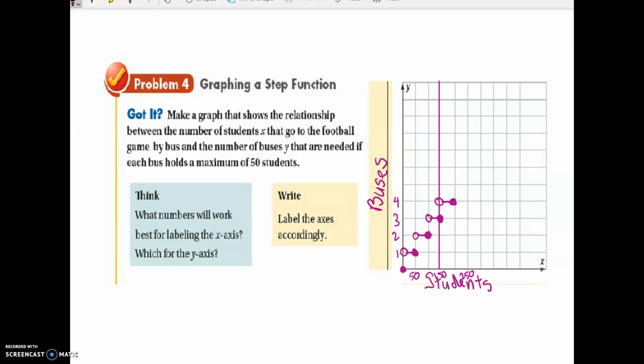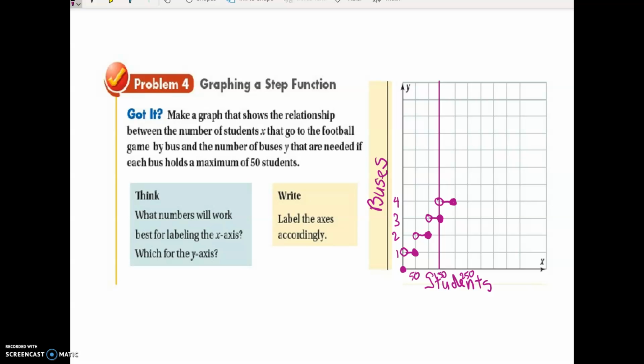Okay, so we can see I have labeled students for my x-axis and buses for my y-axis. I had to add in this line because for some reason it didn't print off. But in any case, I went by 50s here for number of students, and this would represent the number of buses.